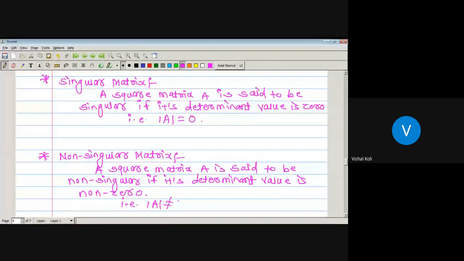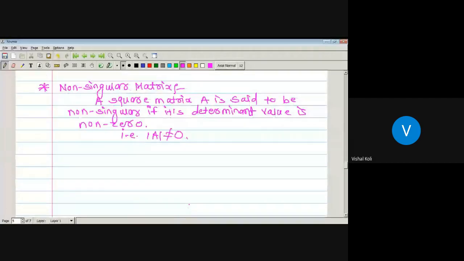So if we have a square matrix, then either it is a singular matrix or a non-singular matrix. If its determinant value is equal to 0, it is singular, and if its determinant value is not equal to 0, it is non-singular.